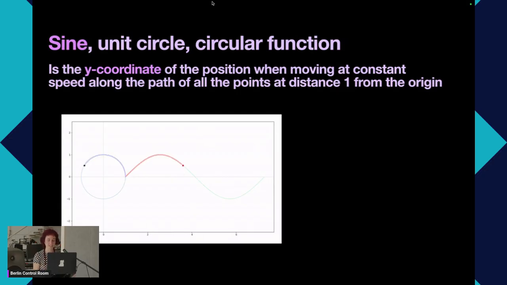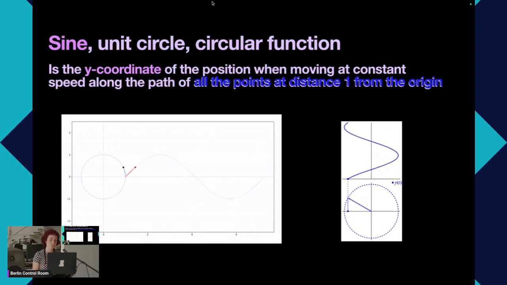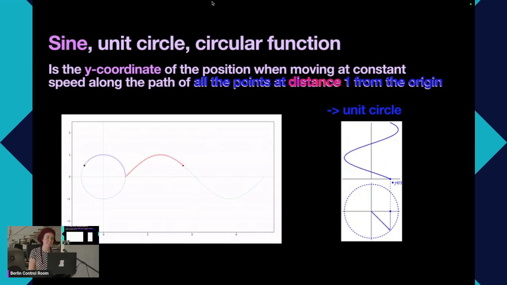Then that is a sine. So basically, you walk along the path of all the points at distance one from the origin, and you get the height, or the y coordinate. I will mention the unit circle a lot, and the distance is something that we are assuming all the time. I think when we learn math, distance is something that is just there, and we never really question or think about it.